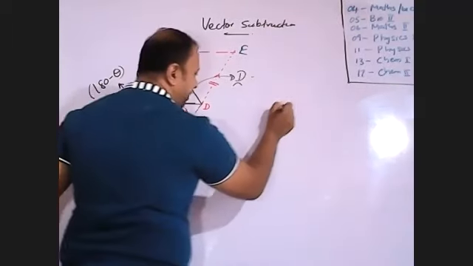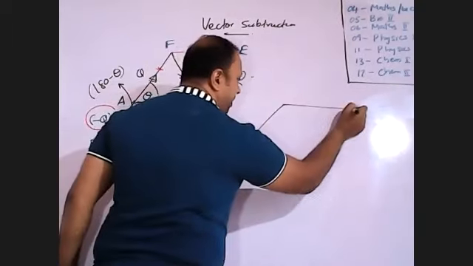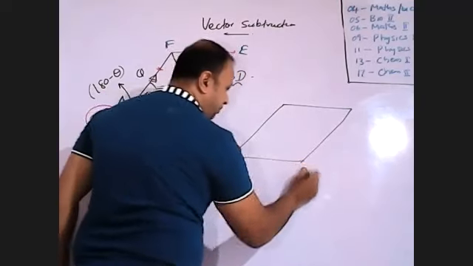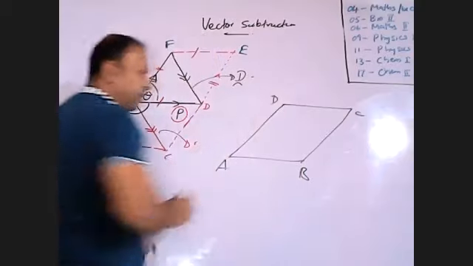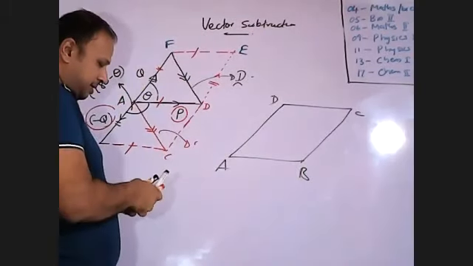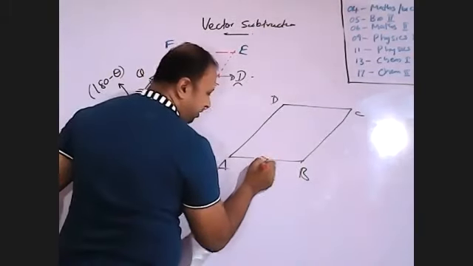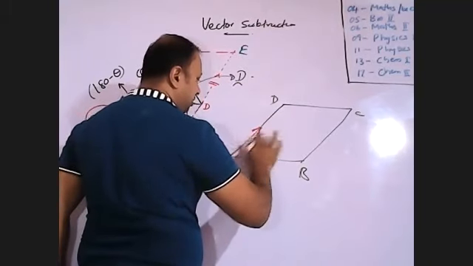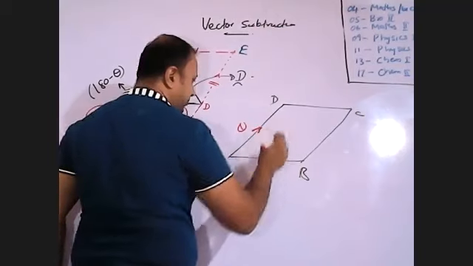If I reduce all the things into one parallelogram, you can clearly see, if ABCD here, in AB there's the P vector, here the Q vector.